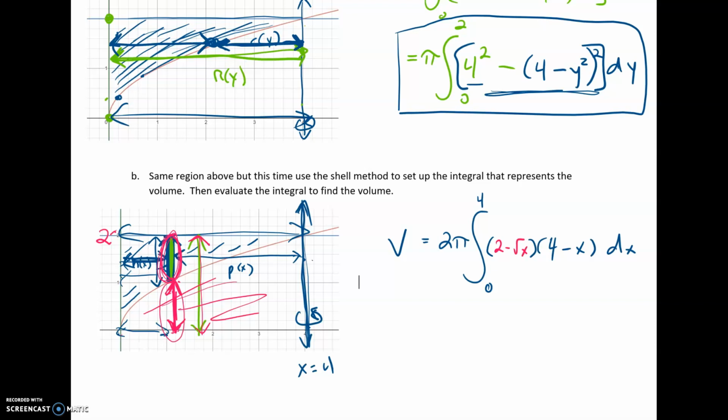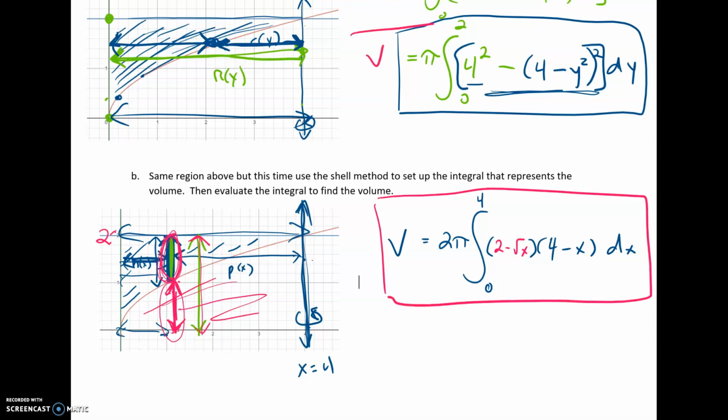Okay, and that represents your volume. Let's use pink. That volume is equivalent to that. They should be the same thing. And this, of course, we got by the washer method or disk method, and this is the shell method, if I didn't say that already.